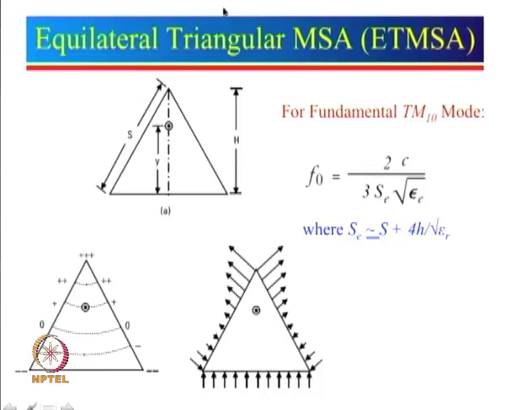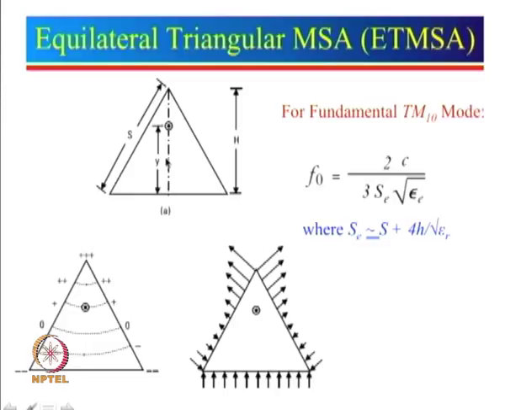Now for the circle and for the rectangle, the null was at the center of the circle or the rectangle. In case of the triangle also, the null is at the centroid of the equilateral triangle, and the centroid is somewhere here. So that will be the centroid point, that will be the 0 field point.